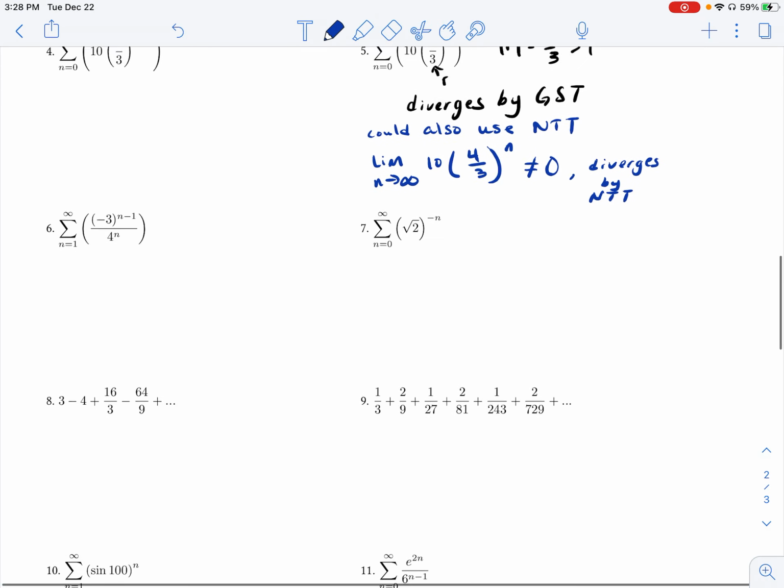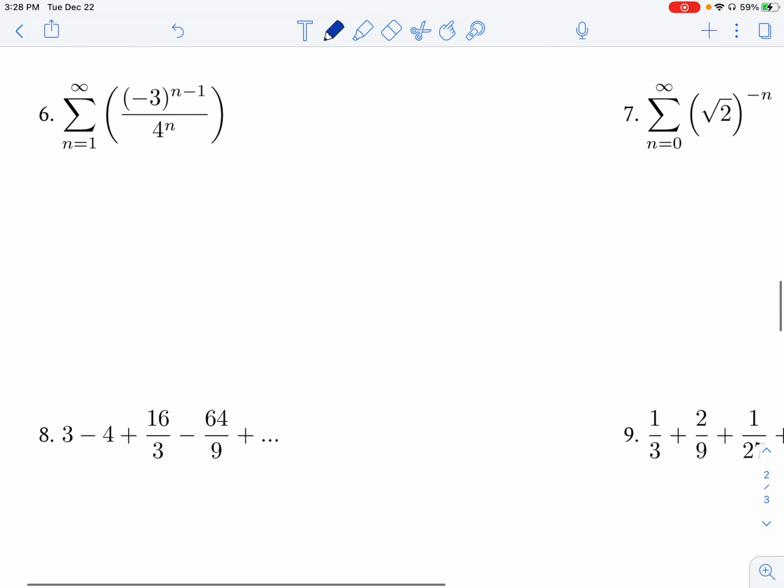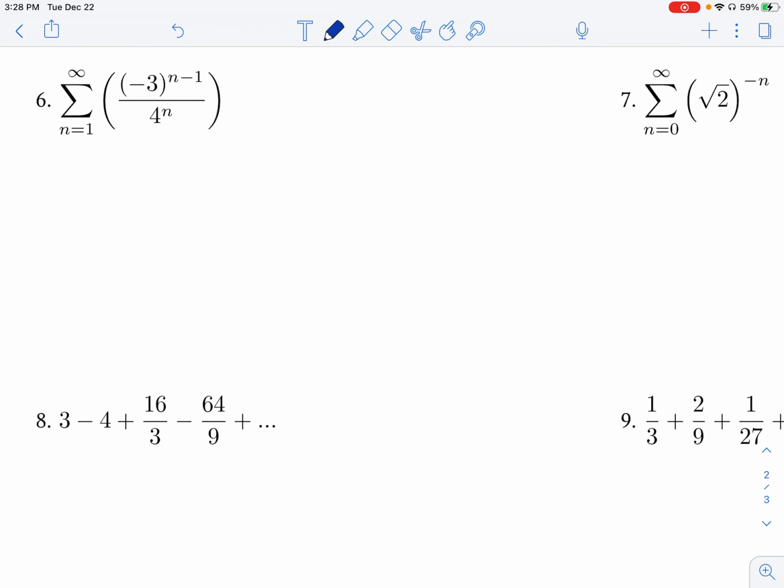Let's go ahead and try something like number 6. And in order for us to determine our common ratio here, we may need to rewrite this a little bit. And at first glance, this might be a little tricky, but if you look at it carefully enough, you can actually use some power properties to rewrite this as the following. We can say that this would be -3 raised to the n minus 1. That hasn't changed.